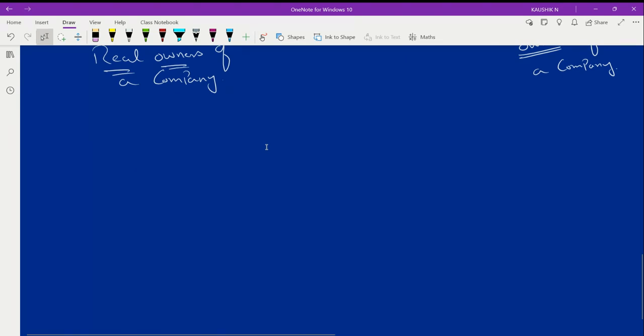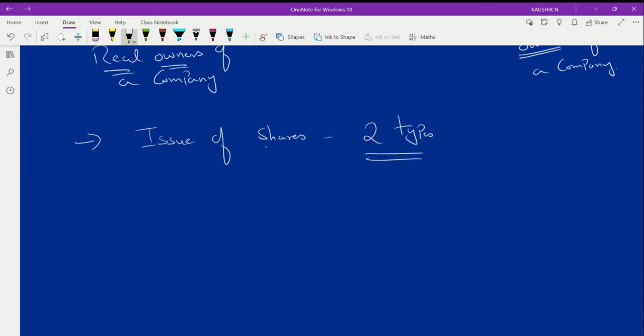Okay, now let's understand issue of shares. So issue of shares, you have got two types again. What are they?